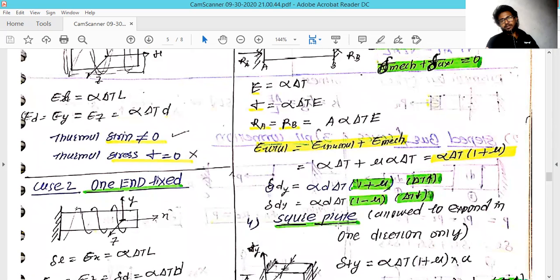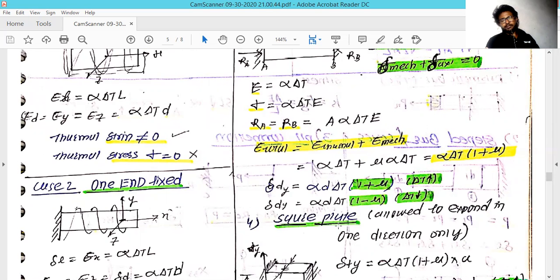We know the formula for thermal strain, which is alpha delta T, and in the mechanical way, because the dimension is going to change, we have to multiply with the Poisson's ratio. So if you multiply the Poisson's ratio with the strain, it becomes mu alpha delta T, and if you take alpha delta T common, it becomes alpha delta T in bracket 1 plus mu. This is how you can find out the total strain developed inside it.